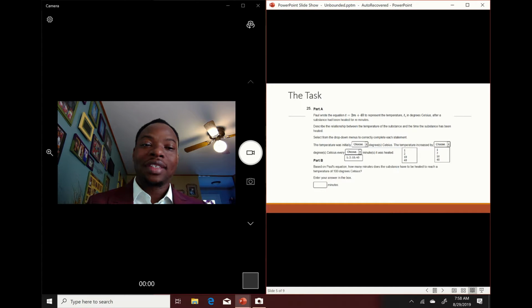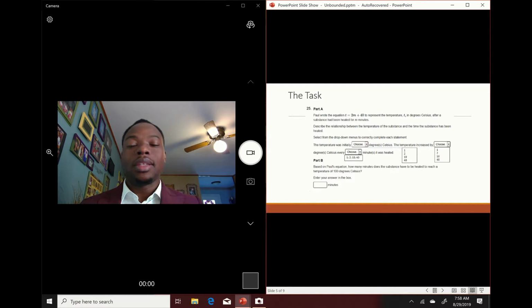And anytime I see minutes or time in this context, it correlates to my x value or my x-axis. And that's really the crux of this standard: being able to take what you know about slope and y-intercept and slope-intercept form and now transfer it and interpret it into a real life situation.